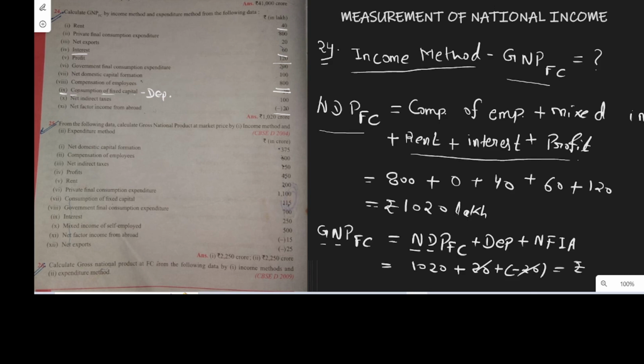So the answer remains the same as the NDPFC was, 1020 lakh. And when we match the answer, we see that our answer is correct. Fine. So in this way, we have been able to calculate the required GNPFC, this aggregate, with the help of the income method. I think it is clear to all of you.